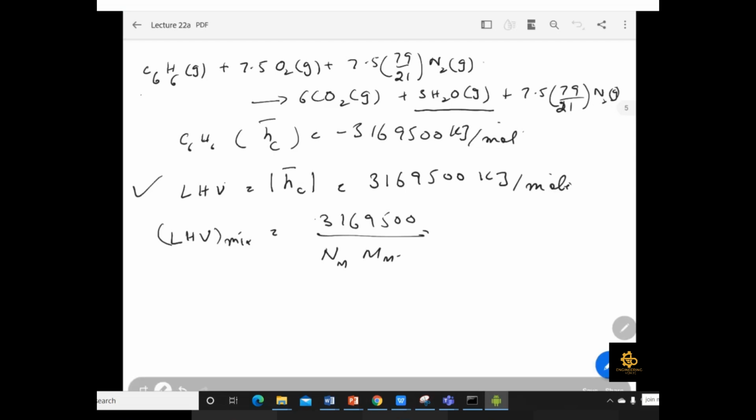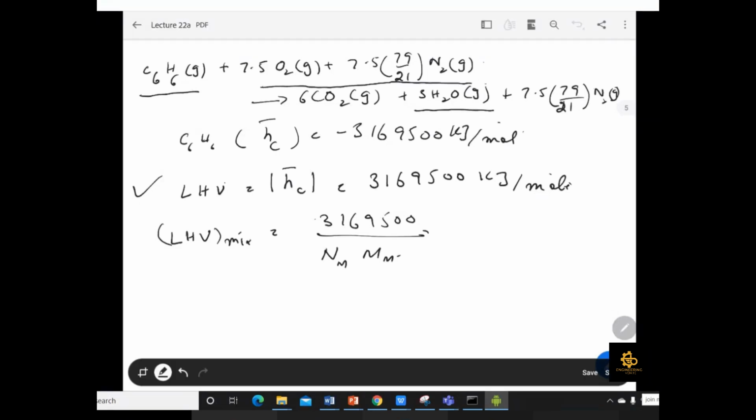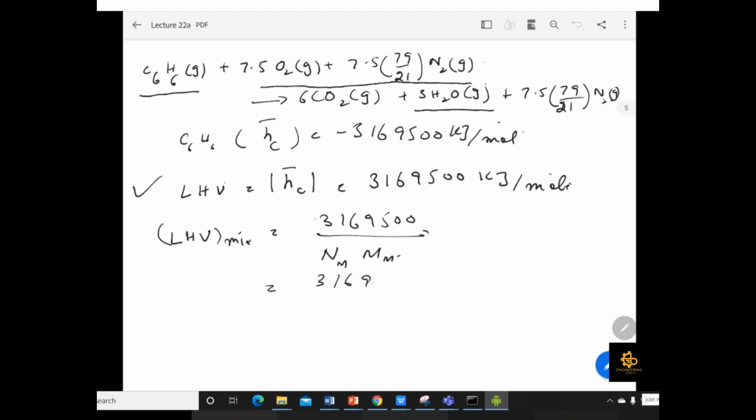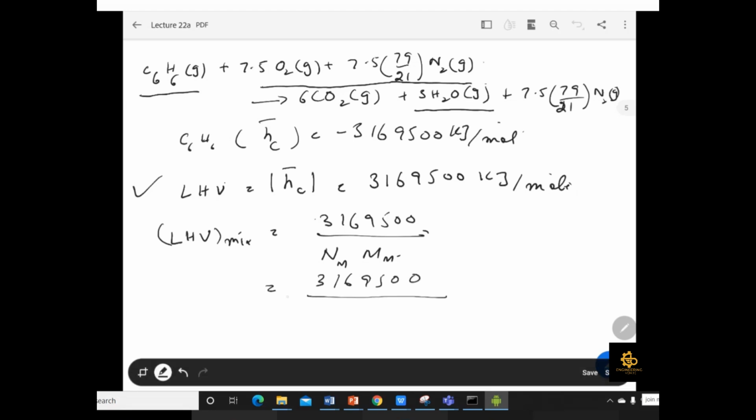The mixture is basically a combination of benzene and air. So you have to calculate the number of moles of each component and then multiply by its molar mass. I am going to write it directly over there, but you have to calculate it by yourself: the number of moles of mixture and the molar mass of the total mixture.